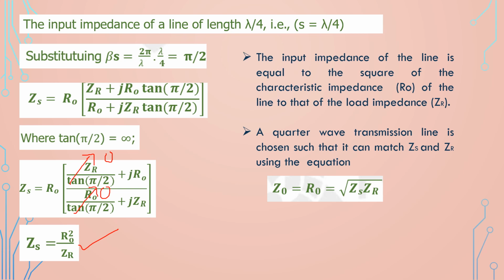The input impedance of the line is equal to the square of the characteristic impedance of the line divided by the load impedance. A quarter wave transformer transmission line is chosen such that it can match Zs and Zr, where Zs is the source end impedance and Zr is the receiving end impedance, and Z0 is equal to R0, which is equal to square root of Zs into Zr.